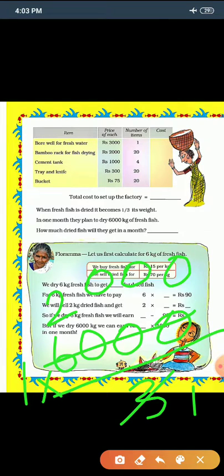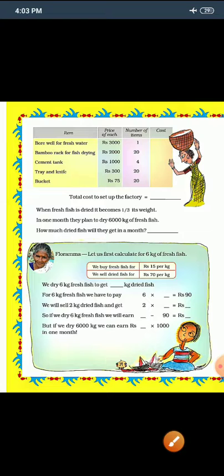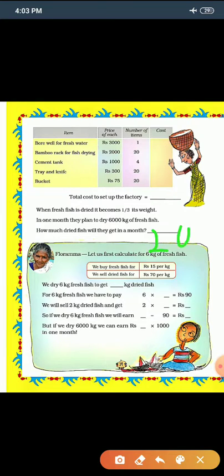What is left? 2,000. So they will get 2,000 kg of dry fishes after drying the 6,000 kg of the fishes.